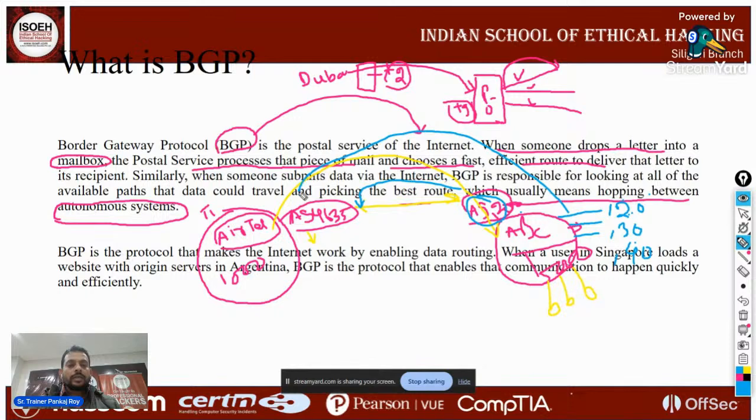The customers who receive these IP address prefixes can access the internet. Some prefixes are blocked: 4.0 and 5.0 will not be able to access the internet because these prefixes are not advertised on the Airtel side.